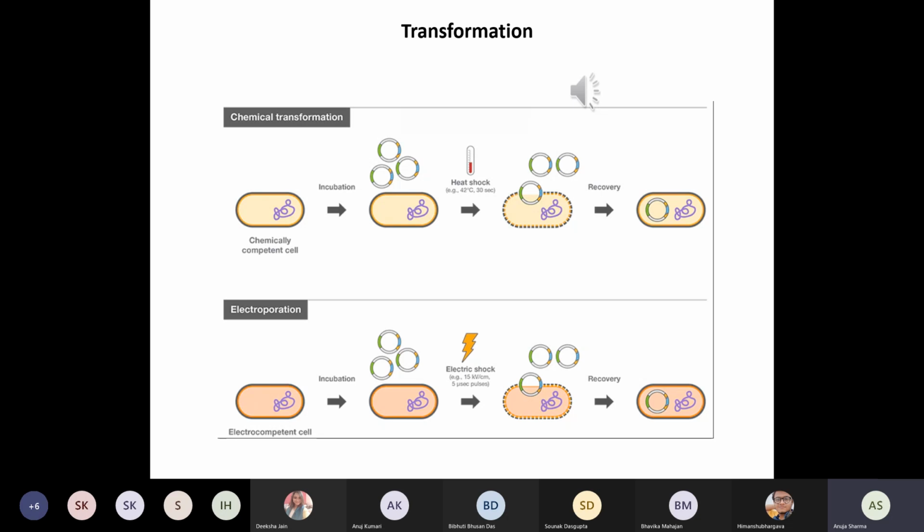Whereas electroporation uses an electroporation buffer, which ensures that cells do not die due to the electric shock, and then you give them a small pulse shock at about 15 kilovolts per centimeter for 5 microseconds.